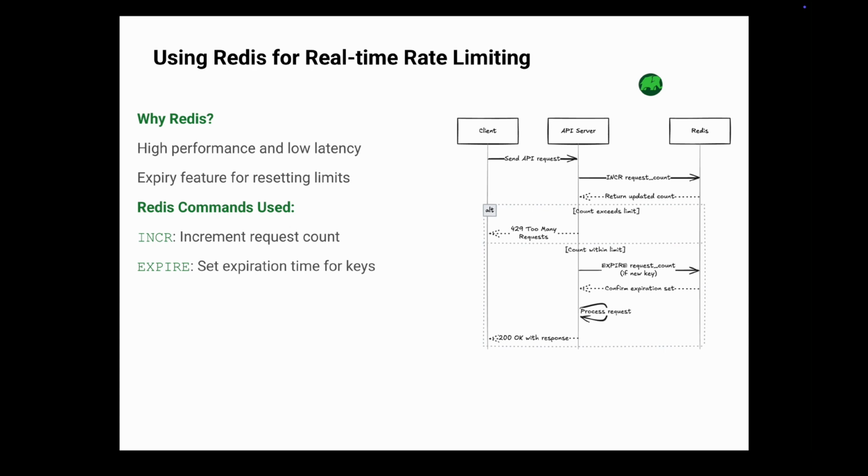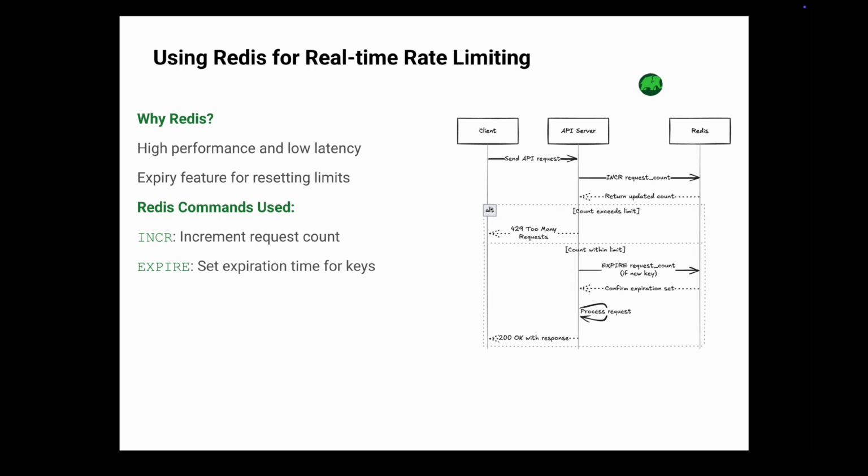Next, the API server interacts with Redis using the increment command, which increments the request count for the client making the request. If this is a first request, Redis creates the key for this client and starts counting. Redis returns the updated count to the API server. Now, the server checks if the request count exceeds the preconfigured limit.